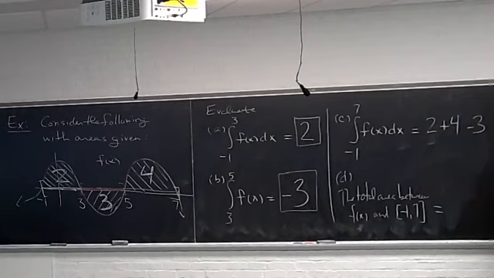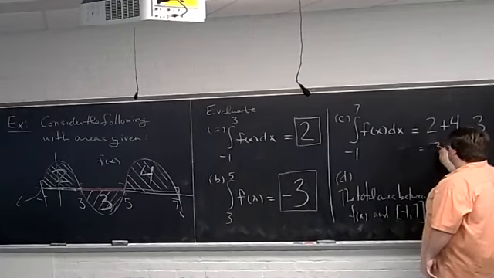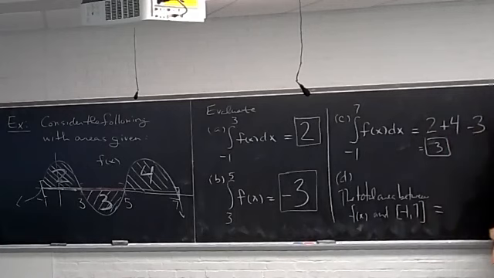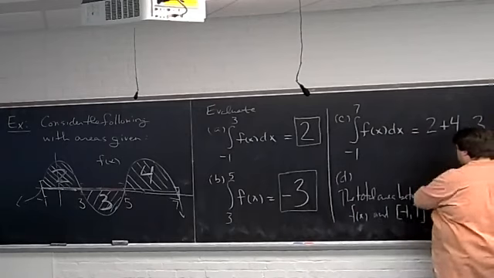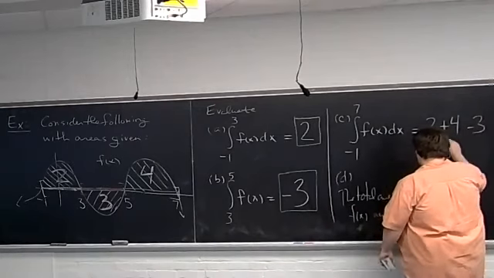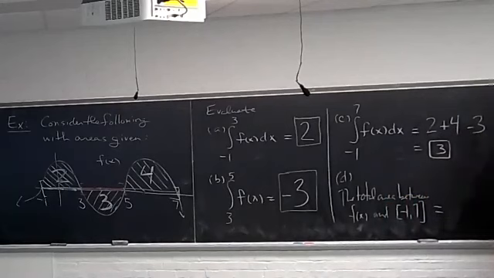So what's above is positive, below is negative. 6 minus 3 is 3. Any questions about part C?